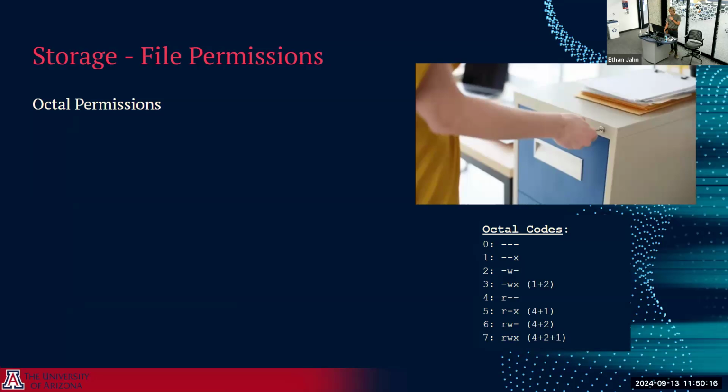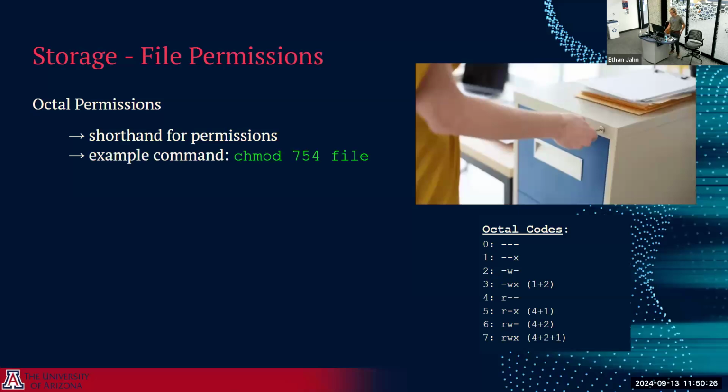So octal permissions are a certain way of representing all the different combinations of permissions that can be applied to a particular folder. So it's a shorthand method. An example command would be chmod 754 for a particular file. Each of those individual numbers, 7 refers to the combination of permissions for that first category of user, which was the owner.